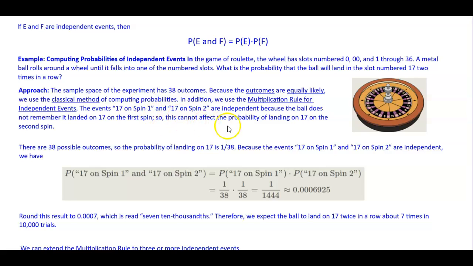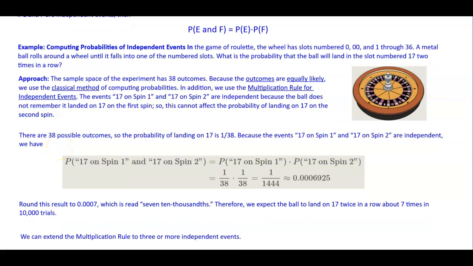So, this cannot affect the probability of landing on 17 on the second spin. Now recall that there are 38 possible outcomes, so the probability of landing on 17 is going to be 1 out of 38.